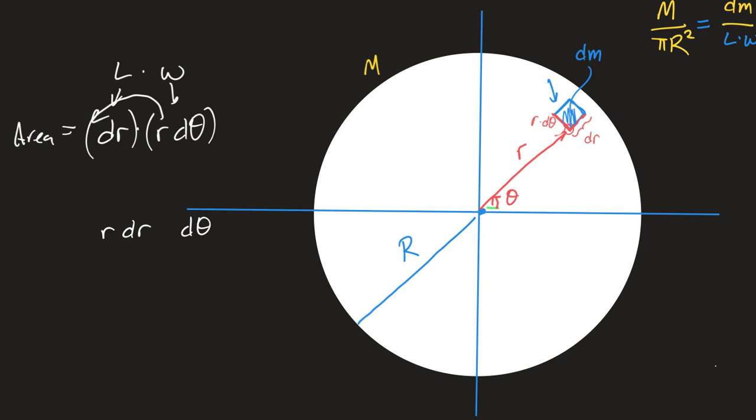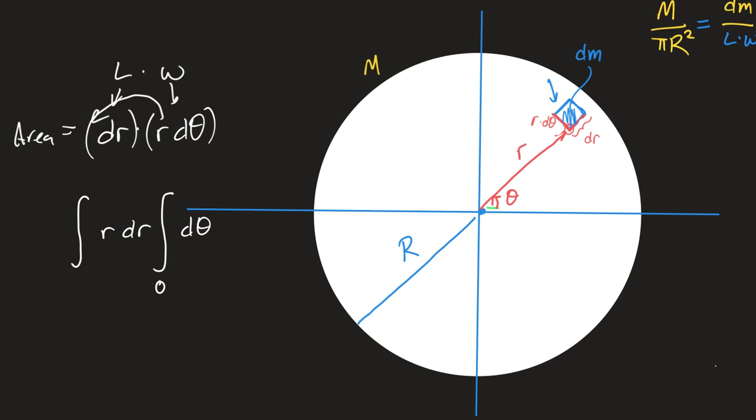And I'm leaving a little space because I want to add up all of the drs and I want to add up all of the d thetas. I know it looks a little weird, but I want you to think it through. I'm going to start at theta equals 0.